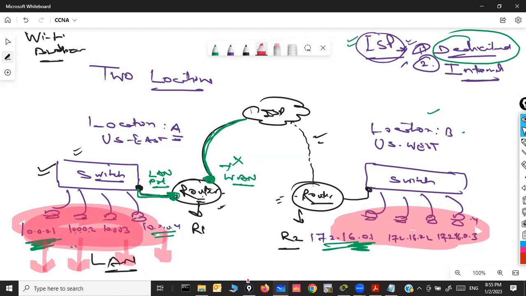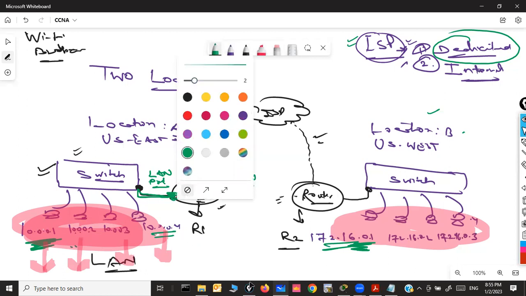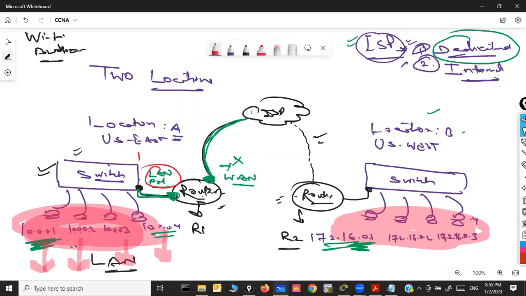So you can assign any IP address, but from the same network address range. So this LAN port can have the IP address 10.0.0.200, or any address, let's say 200, no problem, but it should be from the same network address. So it is another end host device, right? IP address 10.0.0.200.